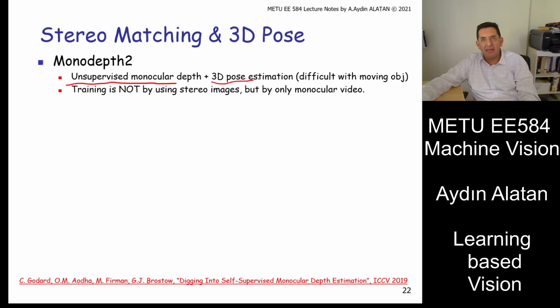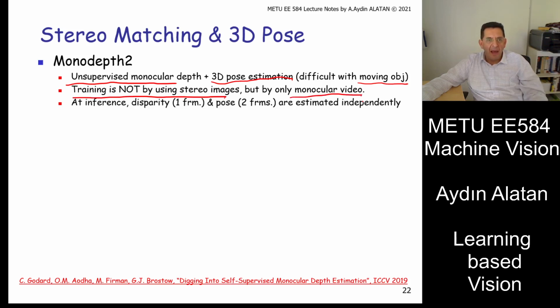And 3D pose estimation. And obviously, 3D pose estimation is not very easy when you have moving objects, by the way, don't forget, because then you are talking about every moving object could have their own 3D pose, okay? And the training is not by stereo, but only monocolor video.